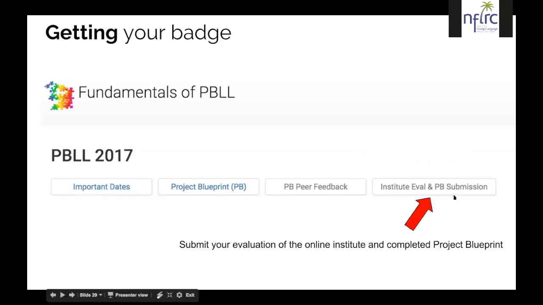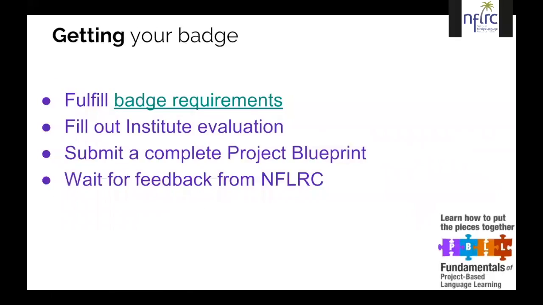You should be able to go to a form where you will enter your project blueprint URL and the evaluation of the online institute. So that's what you have to do to get your badge. You have to first fulfill the badge requirements, fill out the institutional evaluation survey, and submit a completed project blueprint. And then we'll give you feedback or send you the badge afterwards.